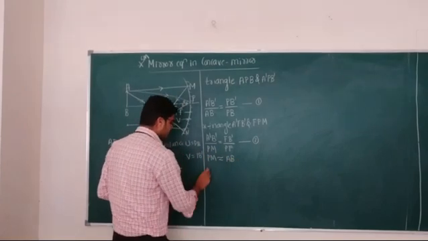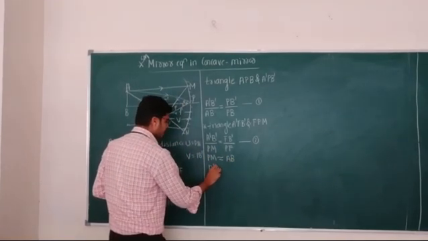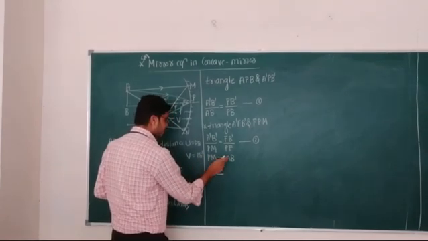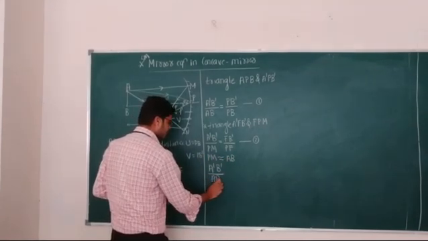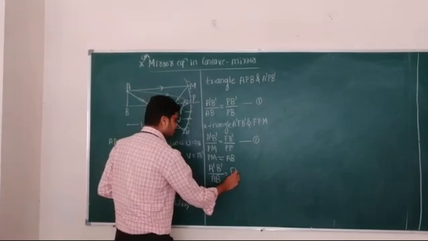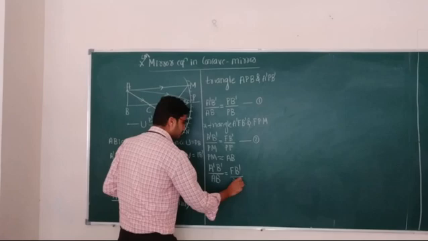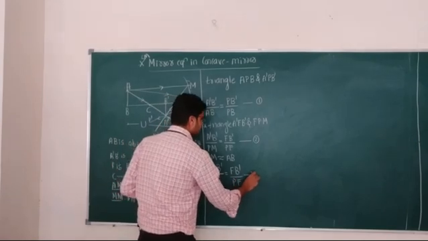Then this equation becomes A'B' by, instead of PM I must write AB, that is equal to FB' divided by PF. You take it as equation number 3.